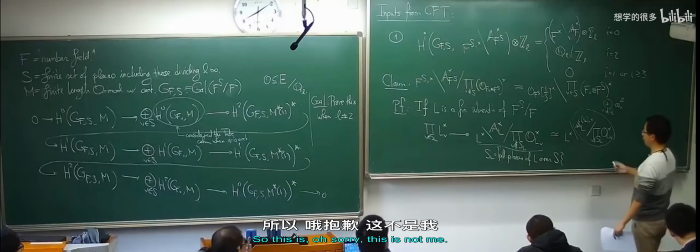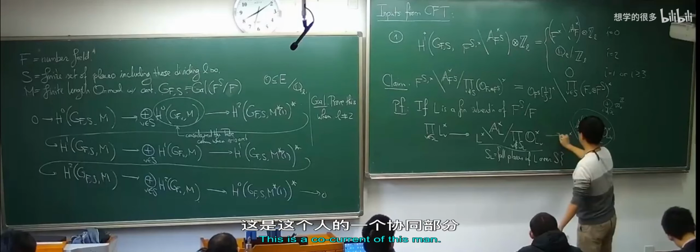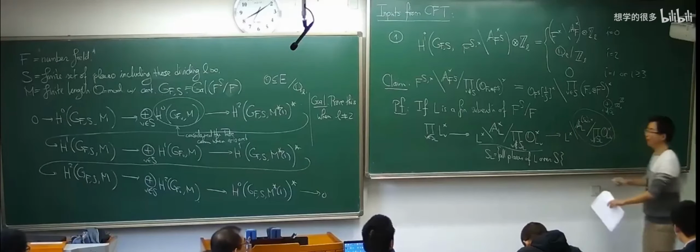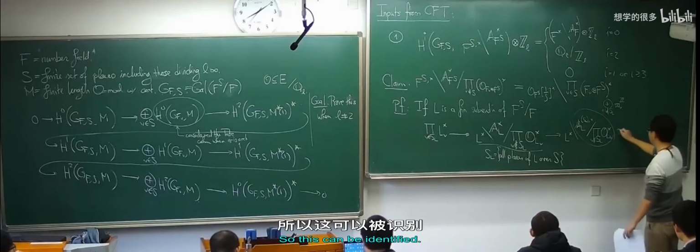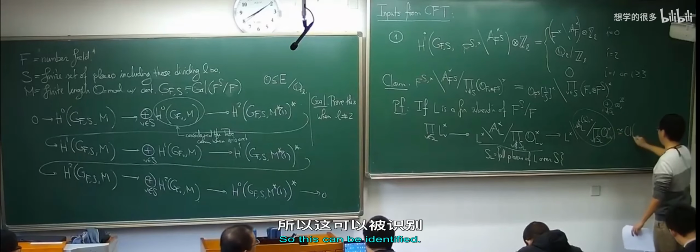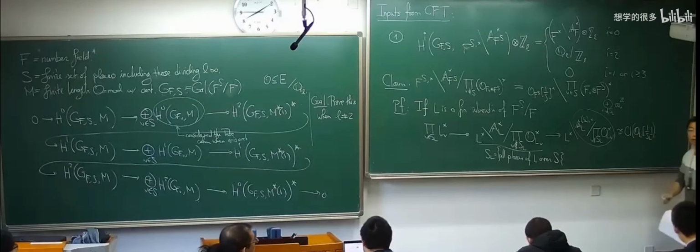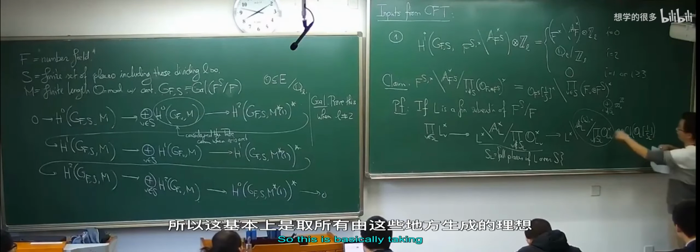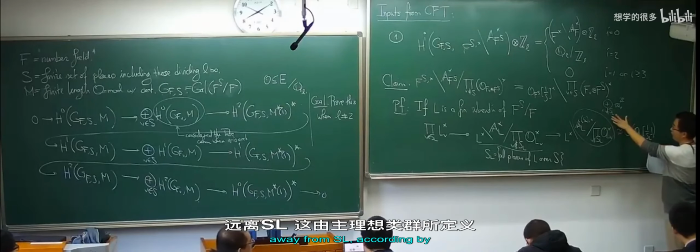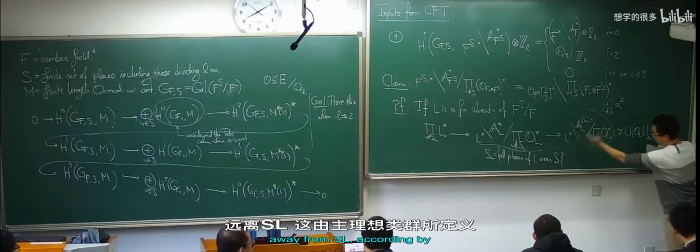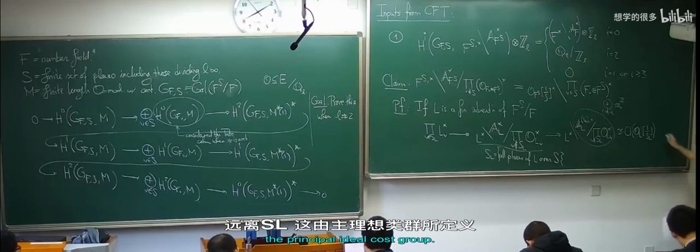So this is, oh, sorry, my bad. This is a co-kernel of this map, not isomorphic. So this can be identified, I'm going to write, ideal class group of this. So this is basically taking all the fractional ideals generated by the places away from SL, quotient by the principal ideals. So that's just the ideal class group.